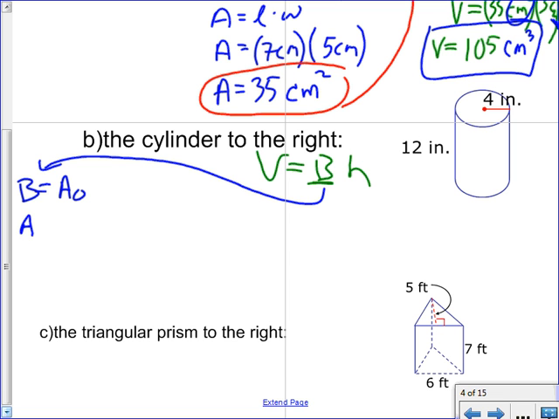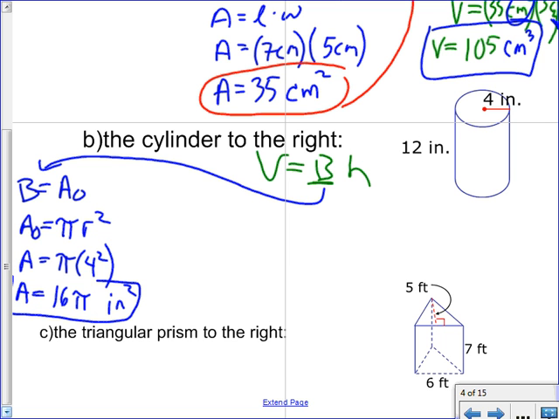The area of a circle is equal to pi r squared. And our radius here is 4, so we do area equals pi times 4 squared. 4 squared is 16, so area equals 16 pi, and we don't forget that our units, now that we're talking about area, are square units. Area equals 16 pi square units.